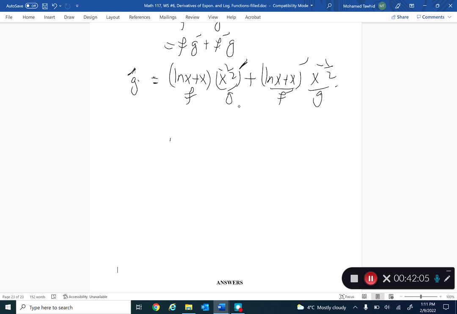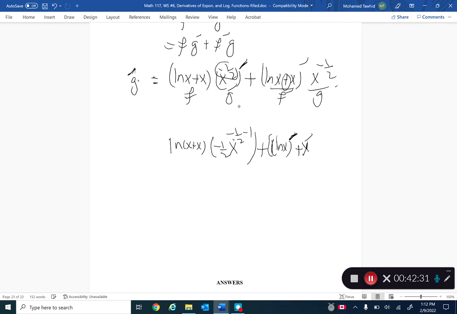So now let us finish it. ln x plus x. What is the derivative of that, using the shortcut formula? Negative 1 over 2 is your n, so x to the power negative 1 over 2 minus 1, n minus 1. And here, the plus in the middle means you take the derivative of the first term plus the derivative of the second term.